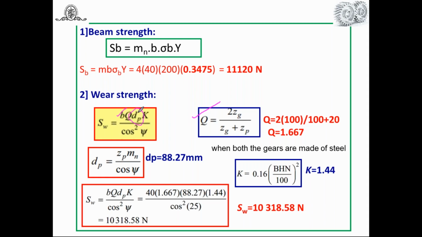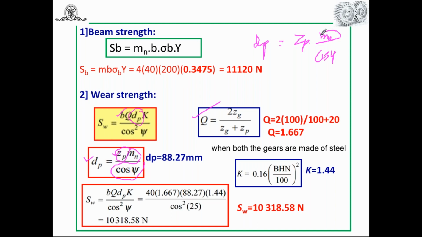Then dp that you have to find out, the PCD of the pinion. For a helical gear, what is the equation for the pitch circle diameter of the pinion? Zp into Mn upon cos psi. You know very well what Zp and Mn are. Just to have a recap, dp is equal to Zp into Mn upon cos psi.